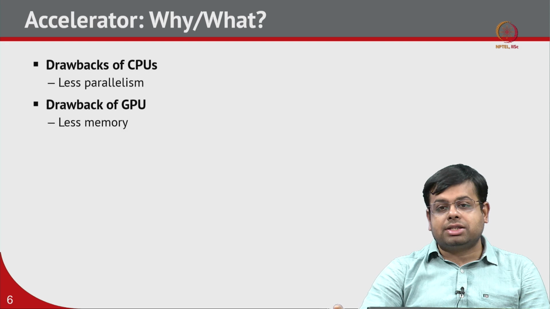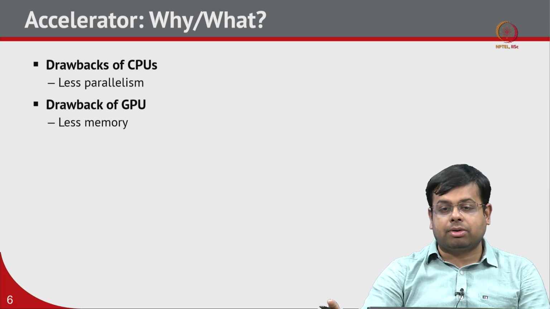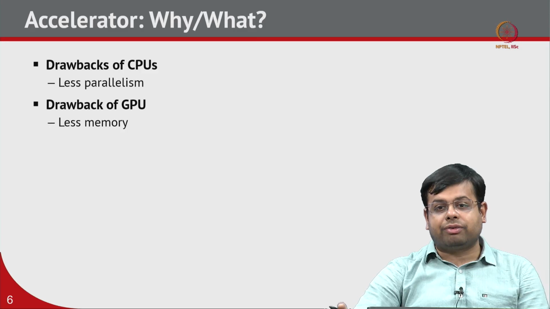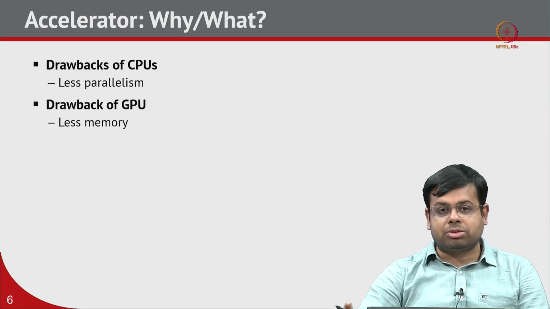The first drawback is that GPU has limited memory, right. The highest end GPU has probably 80 GB or maybe around 100 GB of memory. We will see that that much memory is actually not enough. If we have state of the art ML algorithms, we will see that they can easily take tens of GBs of memory.